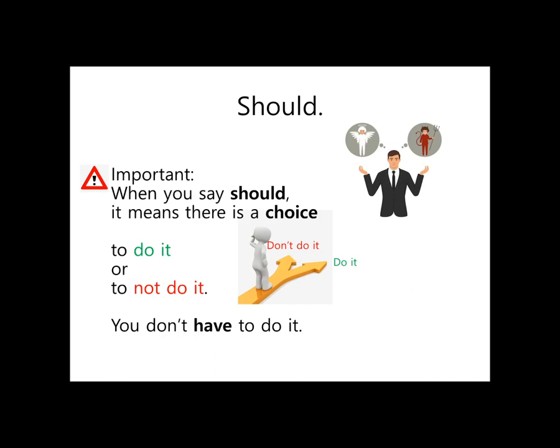You must go now. You must study hard. Those are obligation, but today we are studying suggestion. Importantly, it means you have a choice to do it or not to do it. If you have a choice, you can use the word should.